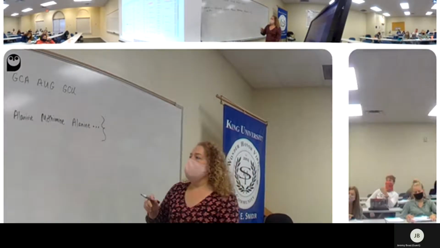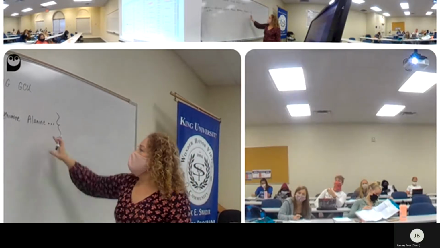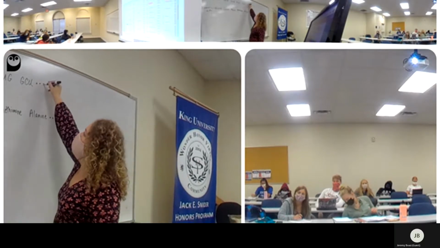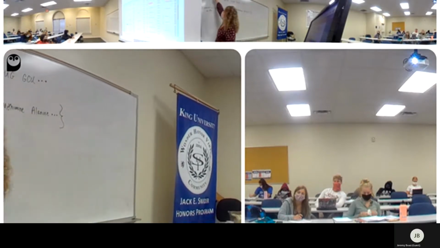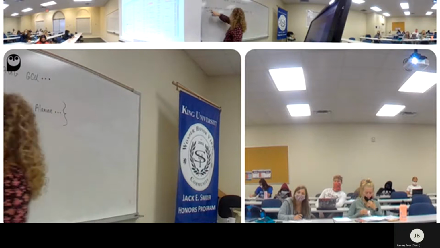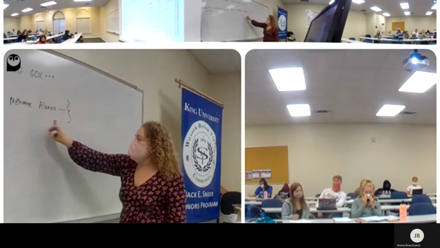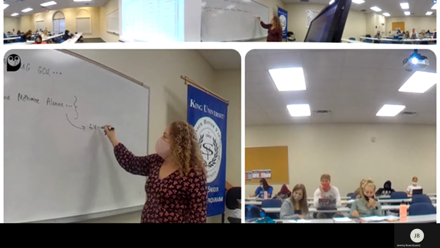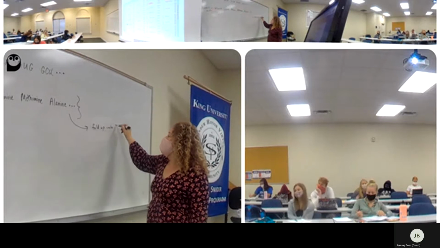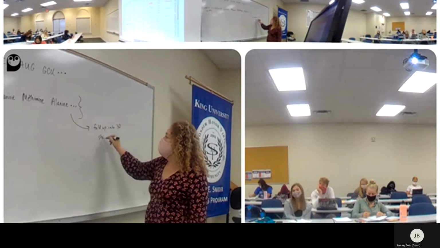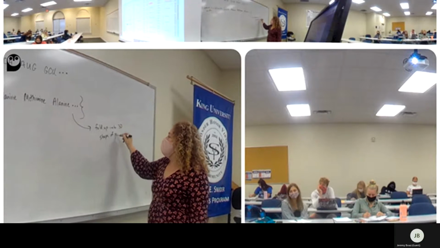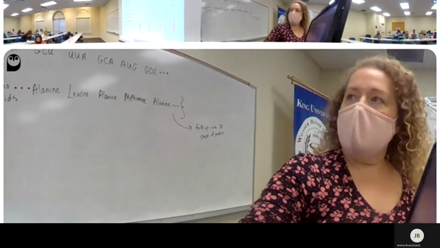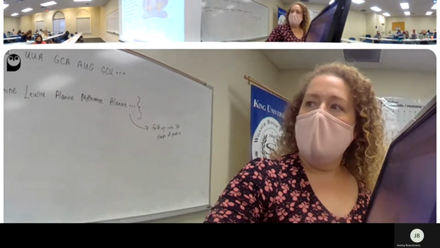No, there would be other ones out here. So this is like a little snapshot of a larger sequence. But these amino acids would then fold up into a 3D shape of a protein.